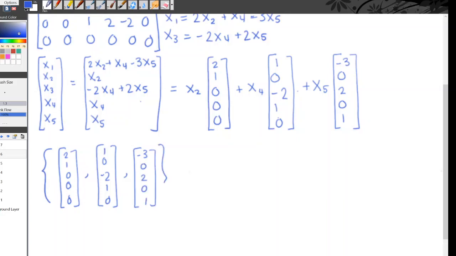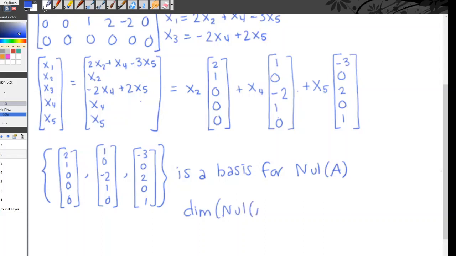This set of three vectors is a basis for the null space of A. And so therefore we can say that the dimension of the null space of A is equal to 3, because we had three basis vectors. Okay.